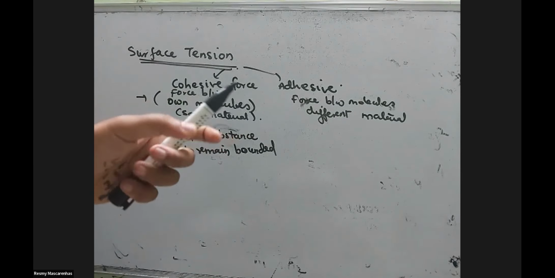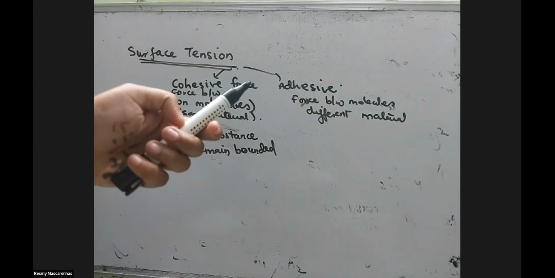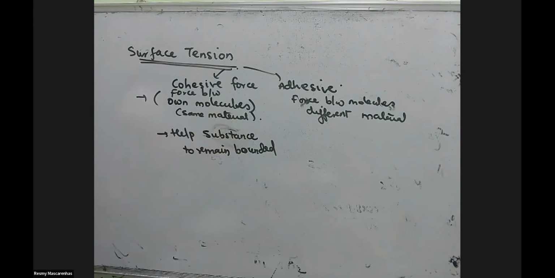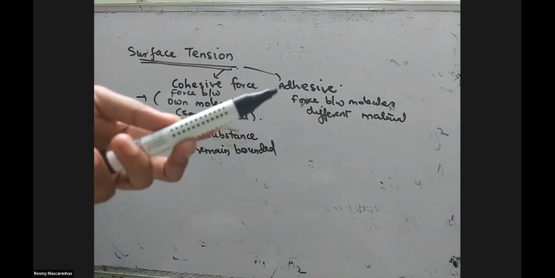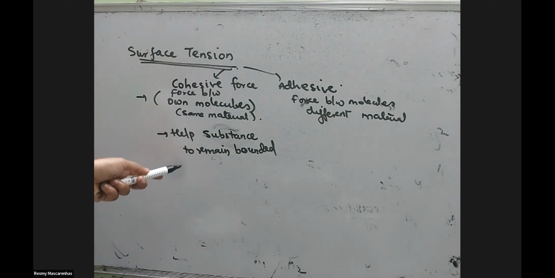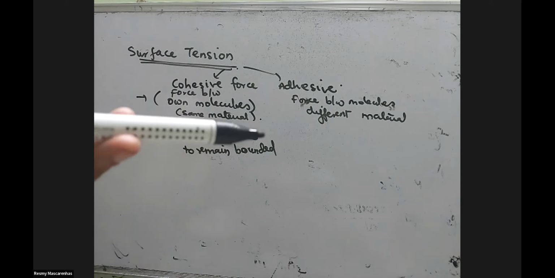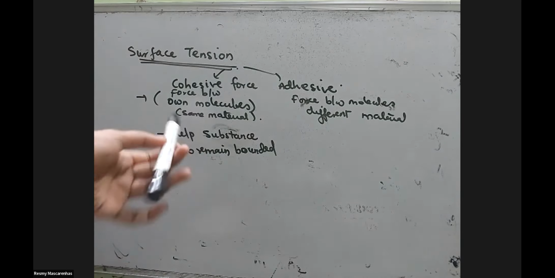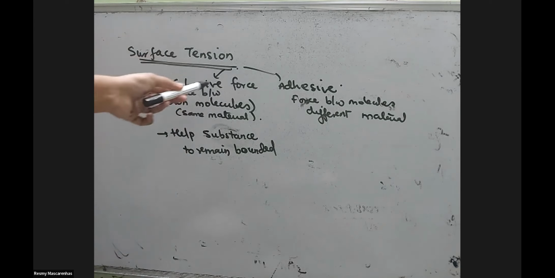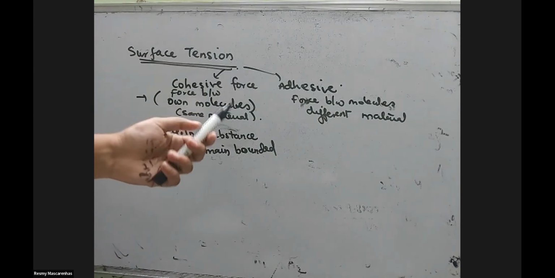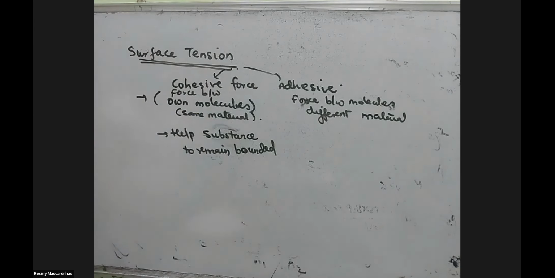All the molecules inside it are trying to hold on to each other. Otherwise, what would happen if the molecules didn't have a force of attraction between them? This pen would be broken into small particles. It would not exist. It holds its shape because of the cohesive forces, which help the substance to remain bonded.